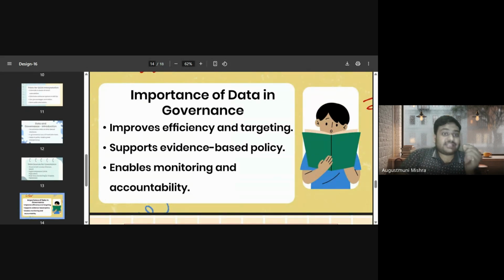So for improving efficiency and targeting your audience, you use data in governance. It supports evidence-based policies, and it also enables monitoring and accountability, because everything is connected together. The government has groups of analysts and bureaucrats who analyze how things are going, and on the basis of that they decide your policies.